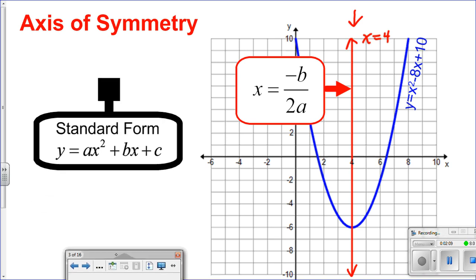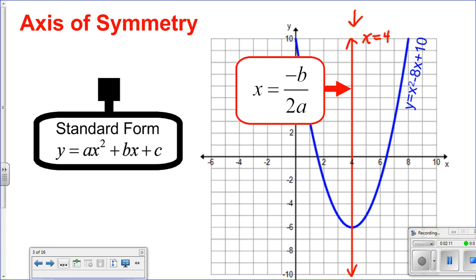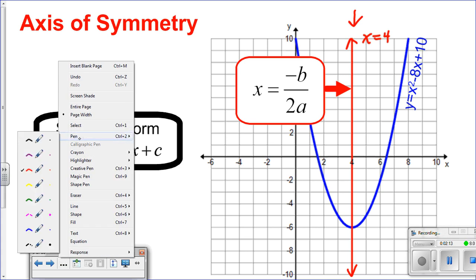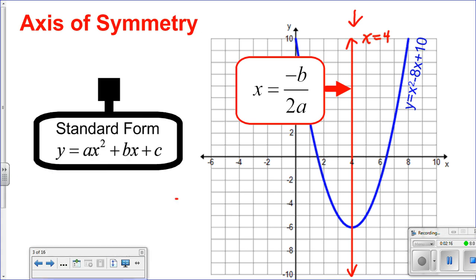Now, if you're wondering where you get your a, your b, and your c from, well, your a, your b, and your c are going to come from the standard form of a quadratic equation. So you have to put it in standard form first, and then you're going to take the a, the b, and the c right from there.